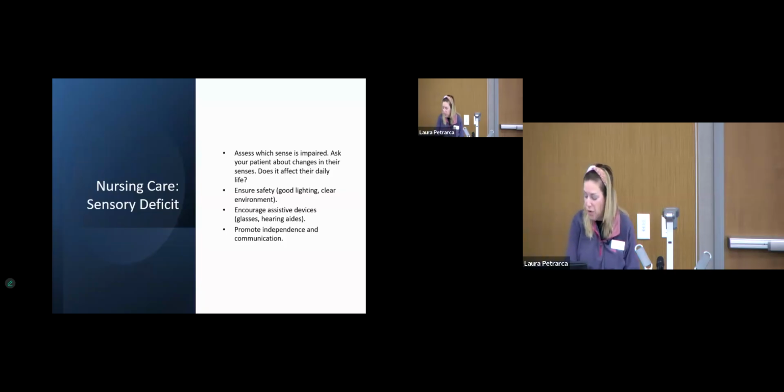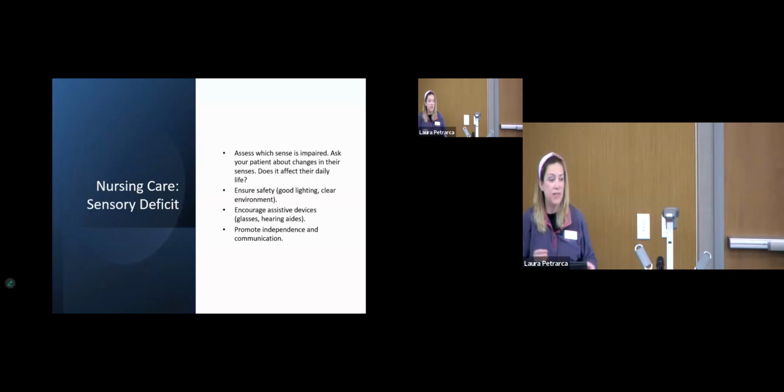So some nursing care for sensory deficit. And I know those of you who are in health assessment, I hear you guys saying this every time you're doing your checkoffs. You have any problems with your vision? Do you wear glasses? Do you wear contacts? Do you wear hearing aids? You want to ask your patient about changes in their senses. And does it affect their daily life?